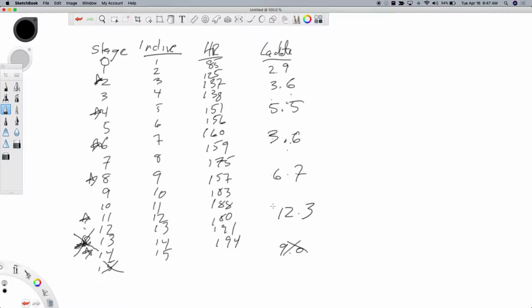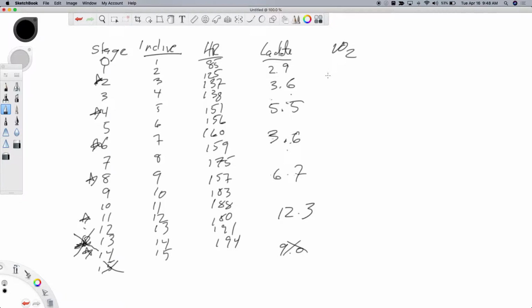Okay. Then VO2. At, let's see here, we started at 0, which was 5 minutes. So that's 300 seconds. Is that true? 60 times 5 is 300? Okay.